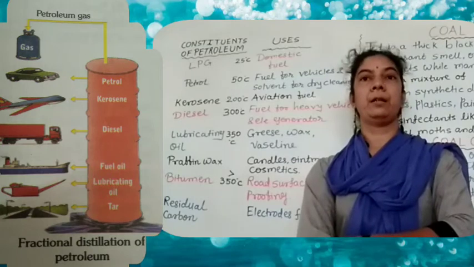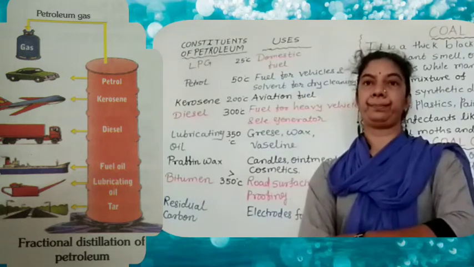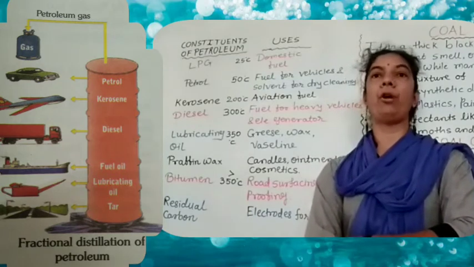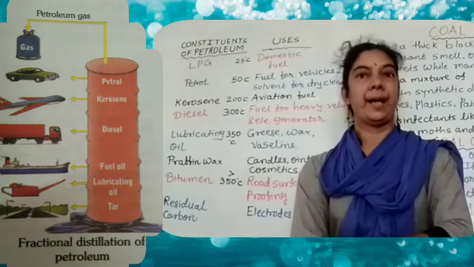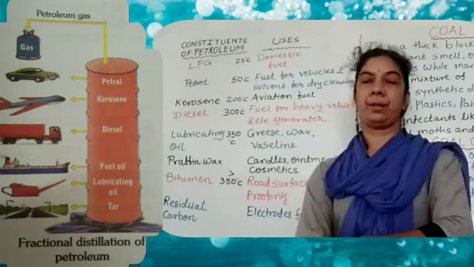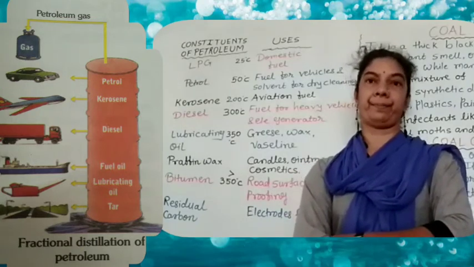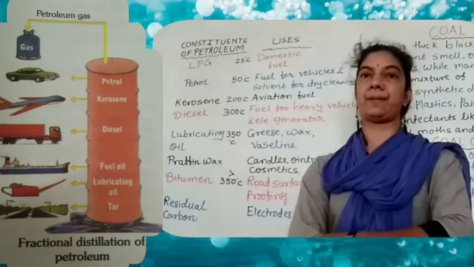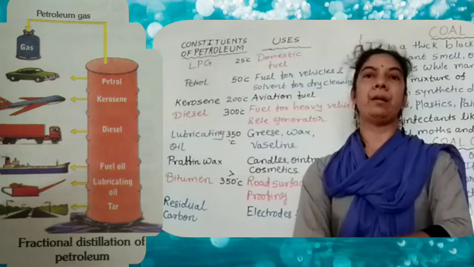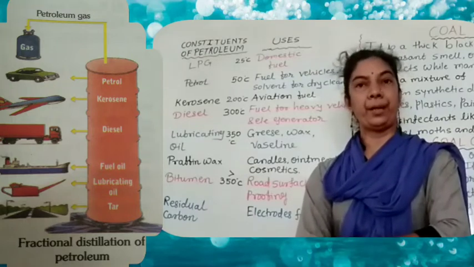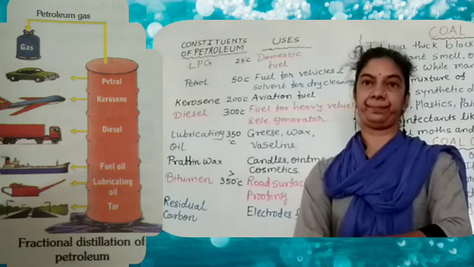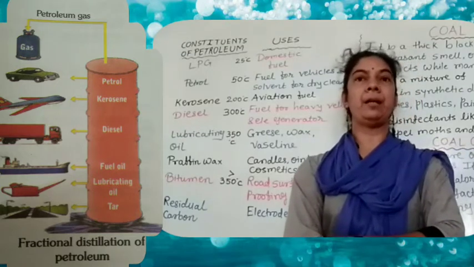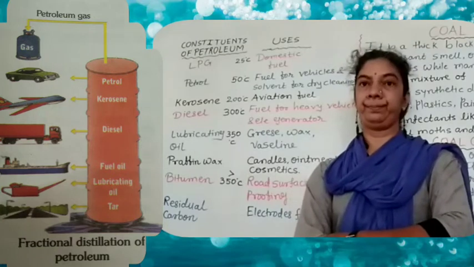In this fractionating column, the petroleum which has been extracted from the oil well is passed and it is boiled above 400 degrees Celsius, where it is converted into petroleum vapor, and this vapor rises in the fractionating column.